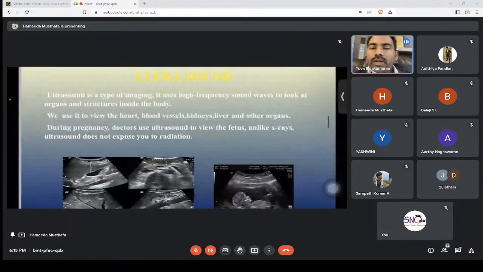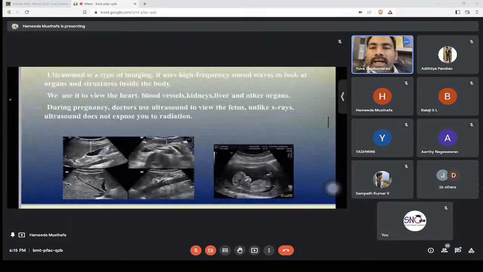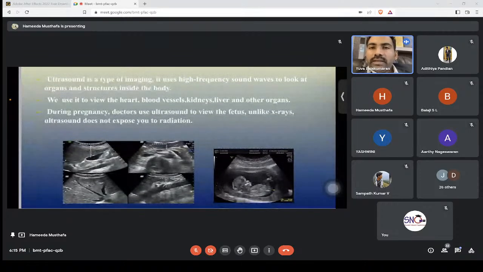Not only for antenatal care or to see the fetus, all the structures inside the abdomen we can visualize through ultrasound. Ultrasound is a type of imaging. It uses high frequency sound waves that are not audible to our ear to look at the organs and structures inside the body.